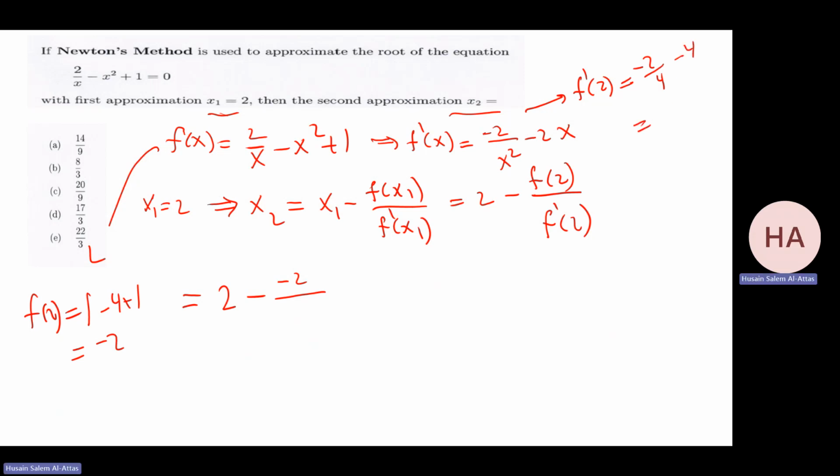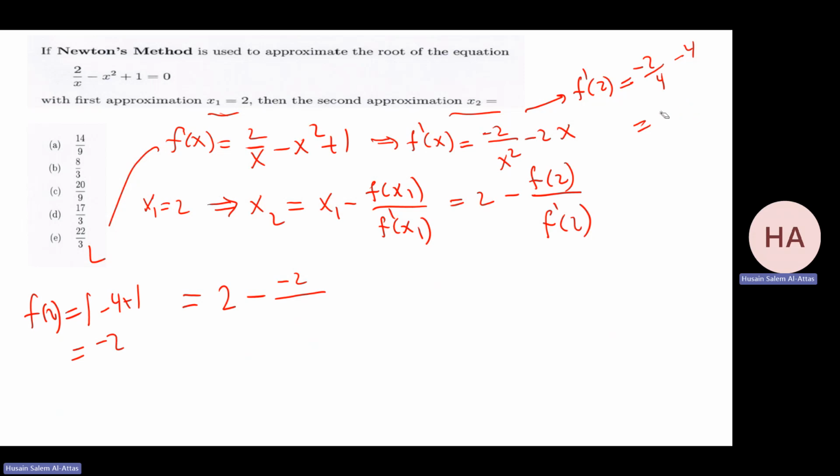And that will give me, this is minus half minus 4, no, minus 9 over 2.